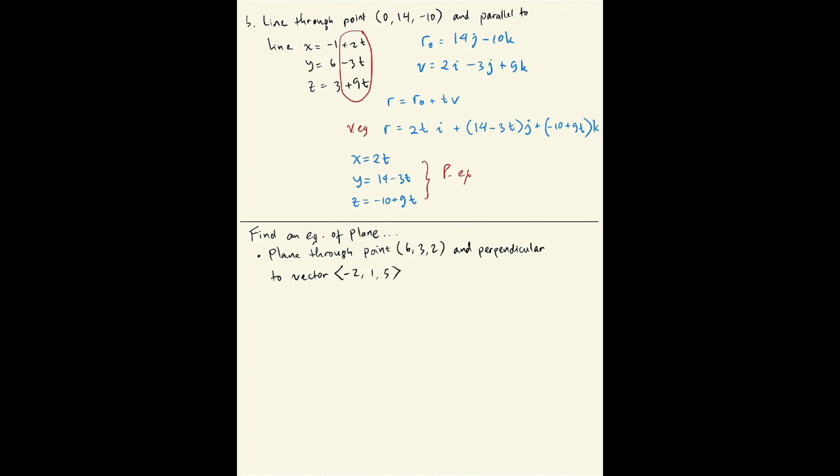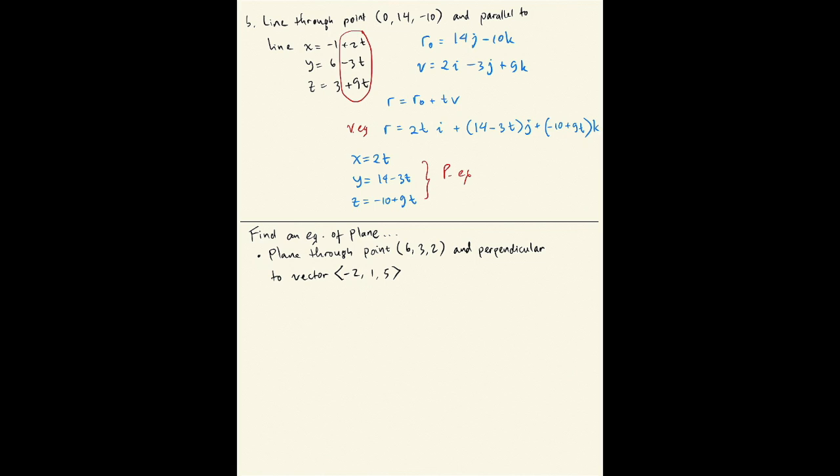So at least you get the first point, the initial point. You can make it a vector, and it should be perpendicular to the vector -2, 1, 5. You can go directly to the normal vector. Yes, the normal vector.